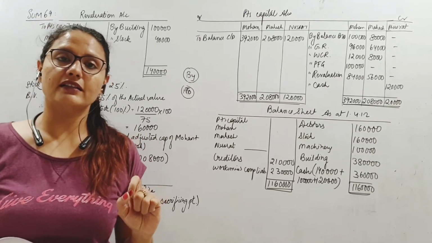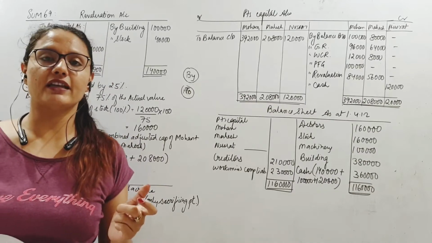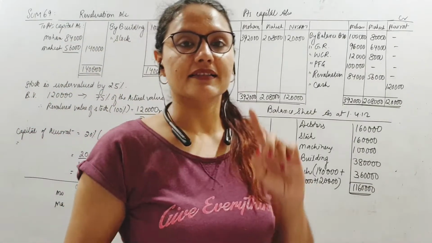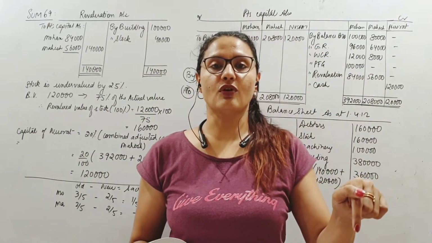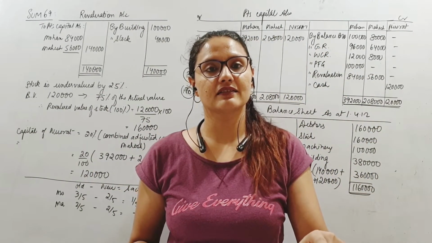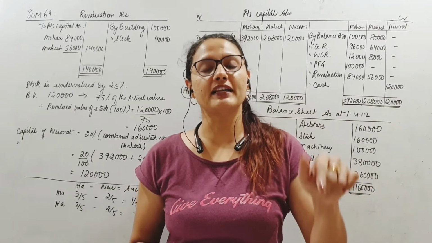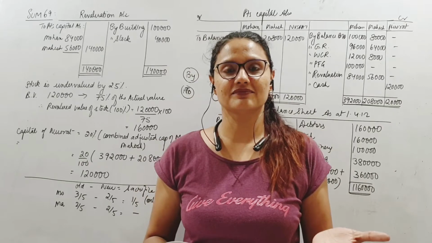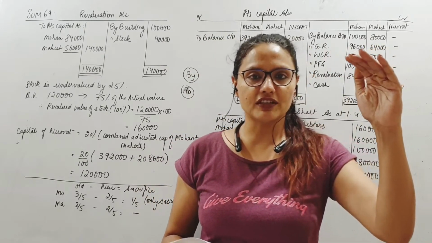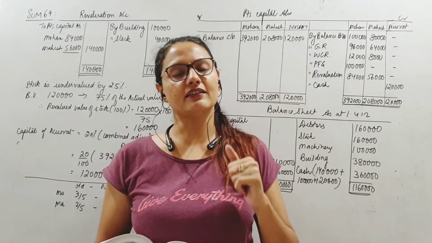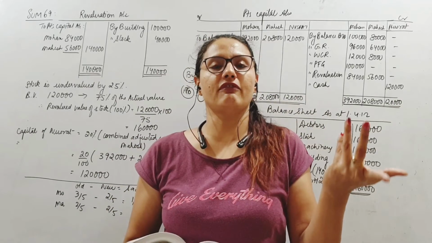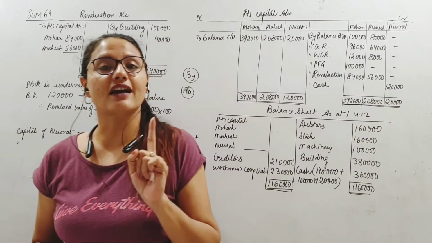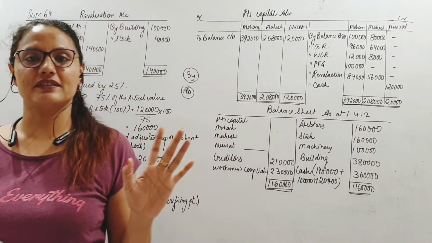Stock is undervalued by 25%. This is not the same as saying reduce the value of stock by 25%. No, it is already undervalued, meaning it is valued at less than its actual worth. How much less? 25% less. So you have to understand this.